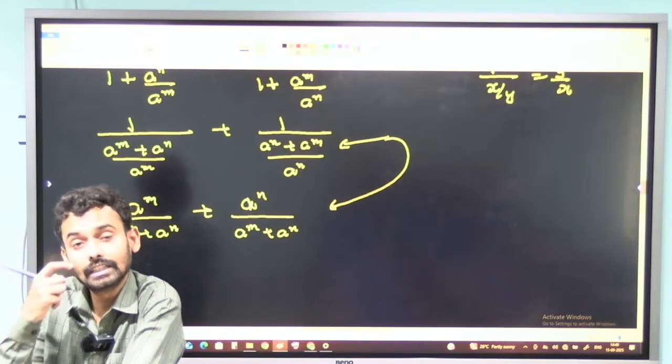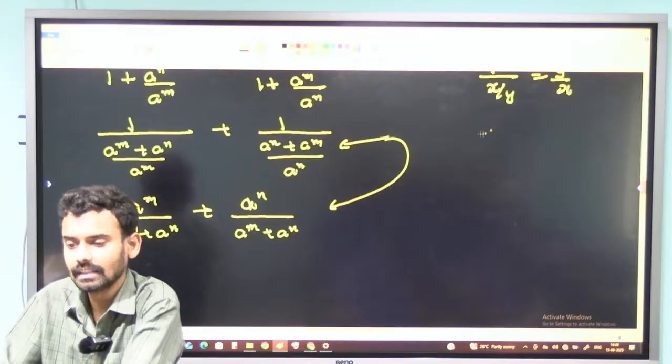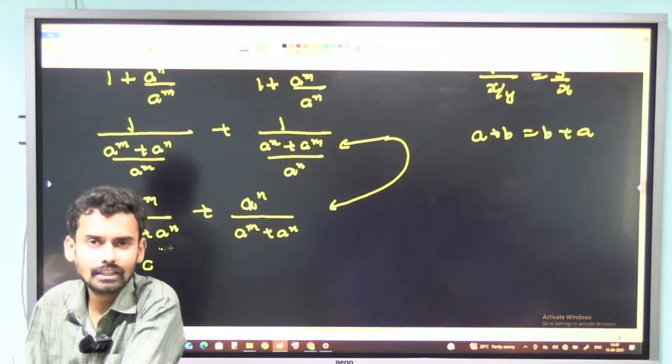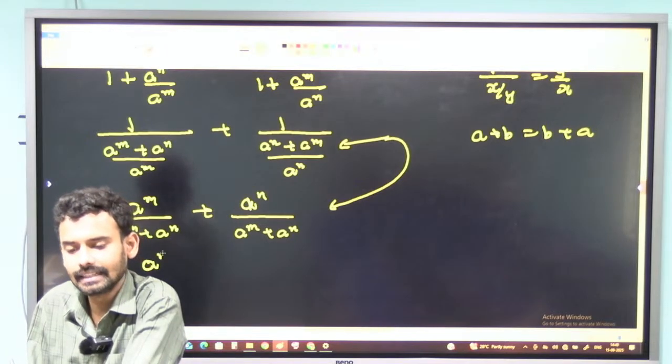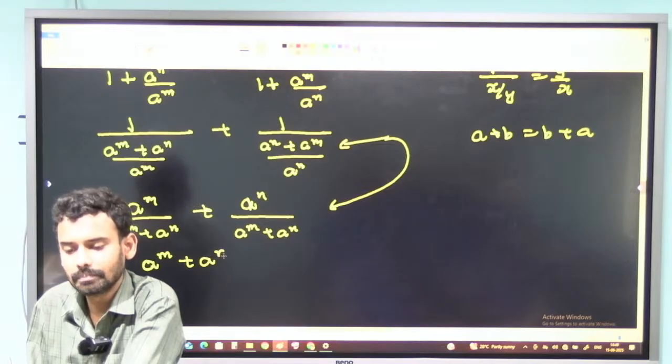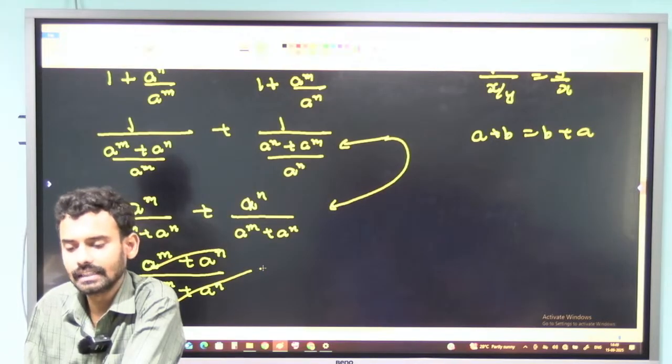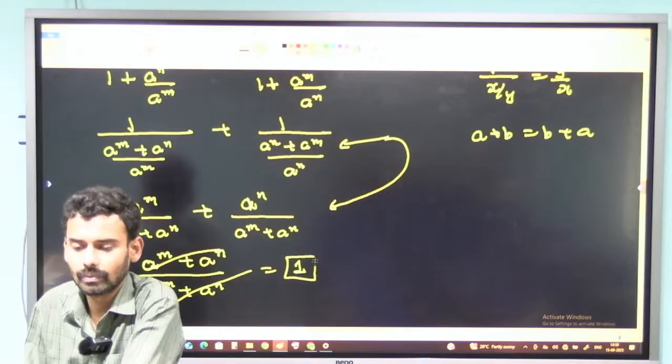As a plus b is nothing but b plus a, we can interchange this. Now, as the denominators are the same, I can say it as a to the power of n plus a to the power of m divided by a to the power of m plus a to the power of n, and I can cancel it out, and the final answer for this question is 1.